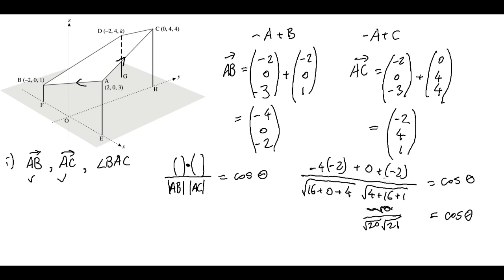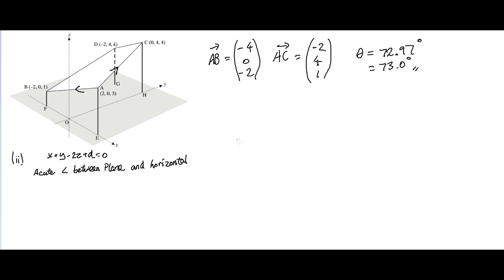Plus 8 minus 2 is positive 6. And there, we just need to do an arc cos of 6 divided by the root of 20 times 21, which gives you theta equals 72.97 degrees, which is the equivalent of 73.0 degrees to 3 significant figures. So that's part 1 done.